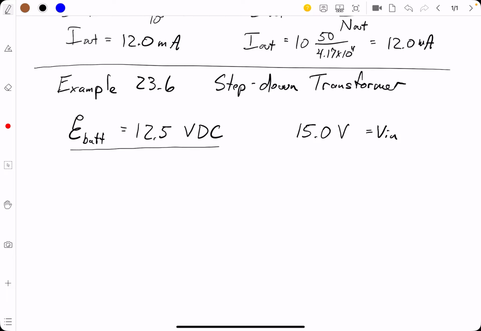So this is our battery we want to charge. Oh, I'm sorry. That is not V in, that's V out, because that has to be the thing that we charge up this battery with.